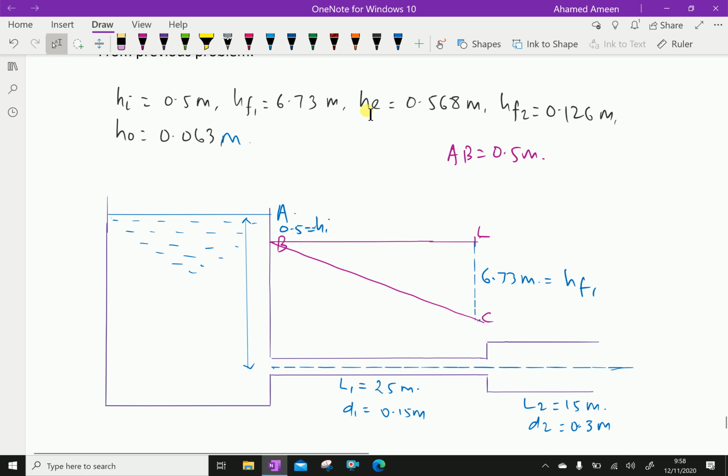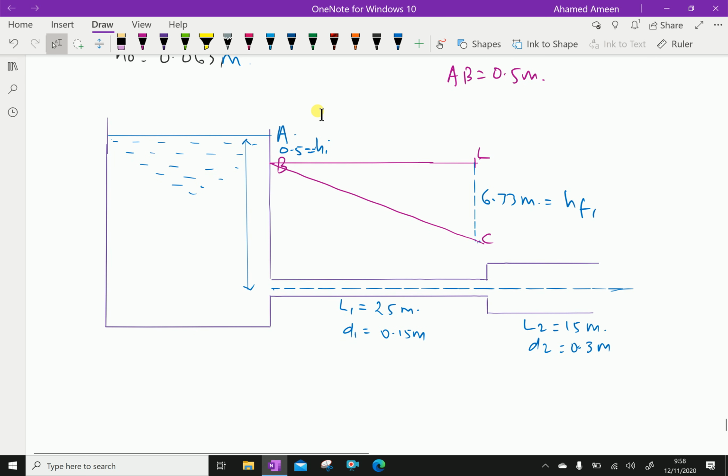Here this is Hi at entrance 0.5 and He at enlargement 0.568.